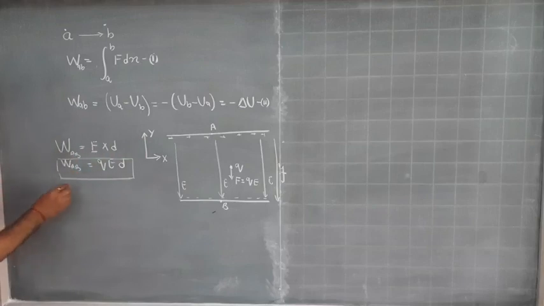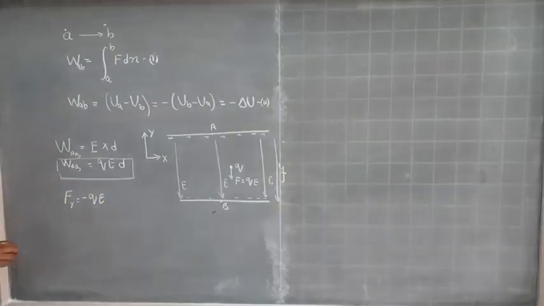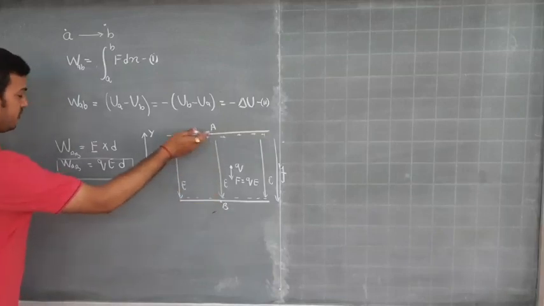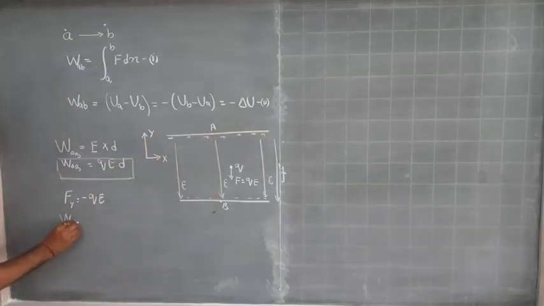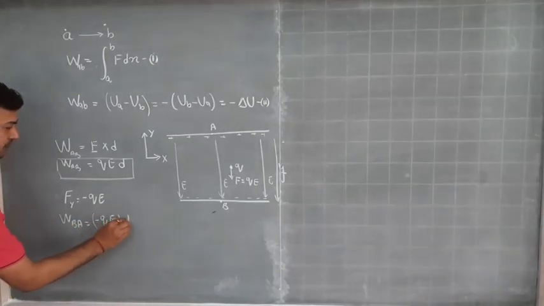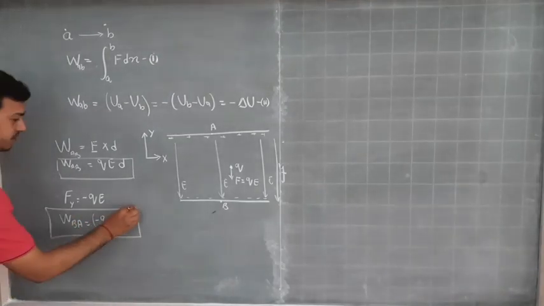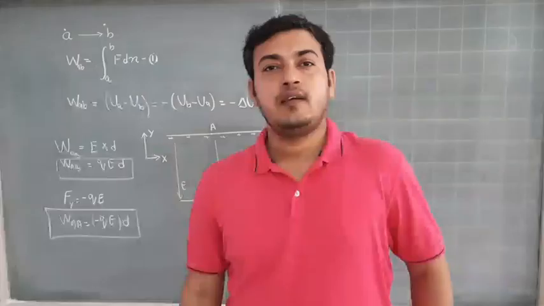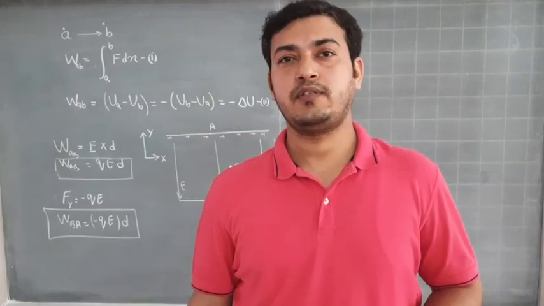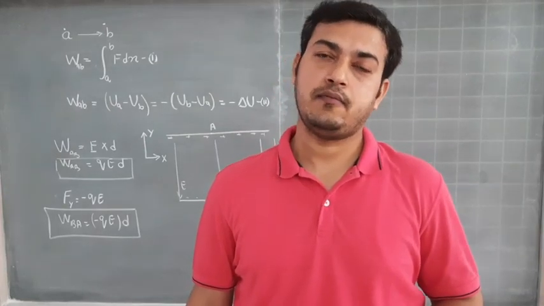So my force along the y-axis will be minus QE, and the work done along the y direction, if my charge moves from B to A, will be equal to the force in that direction multiplied by the separation. As you can see, this is analogous to the gravitational force on a mass m.